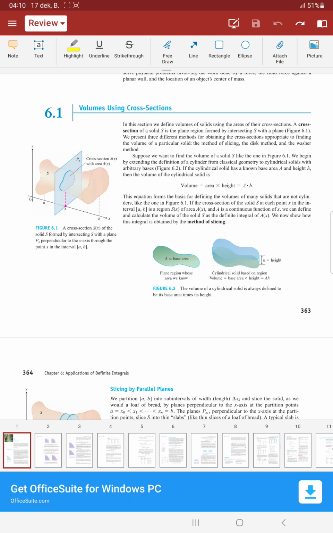An area, we'll use the area of that circle to find volume.